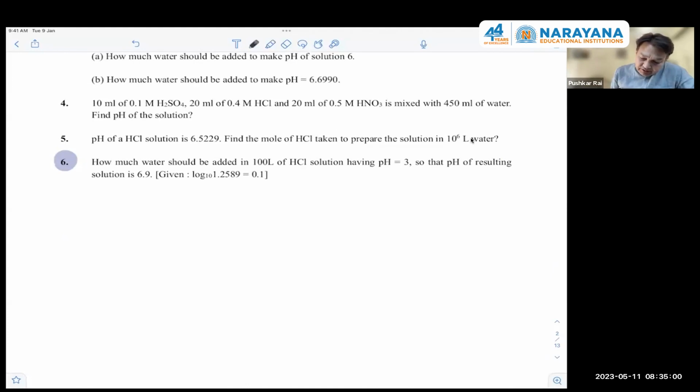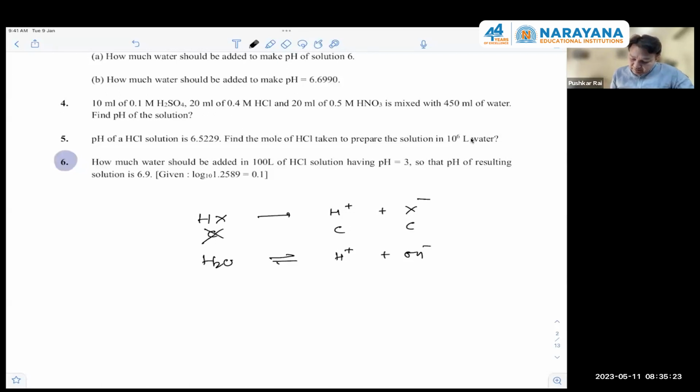So basically we are saying that HX is the acid which is breaking into H plus and X minus, and water is also breaking and giving H plus and OH negative ion. If the concentration of HX is C, we will make this C and C, and H2O will give A. What is A?